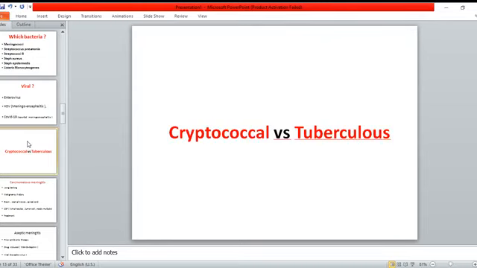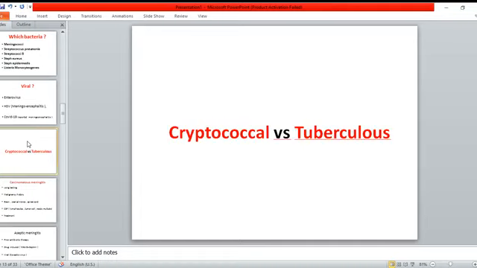On MRI it shows meningeal enhancement, associated with a false localizing sign of sixth nerve palsy. So in cryptococcal there is a high opening pressure on lumbar puncture, evidence of intracranial hypertension, and a false localizing sixth nerve palsy.